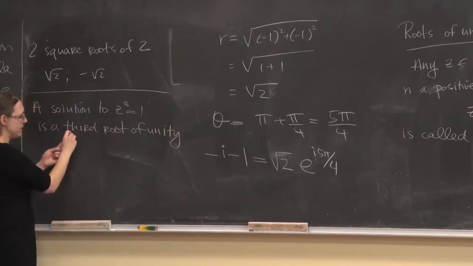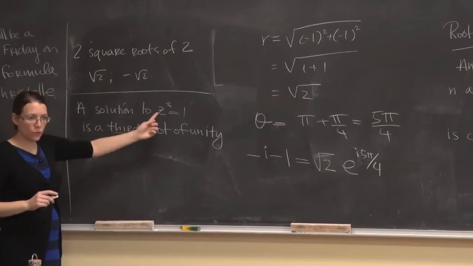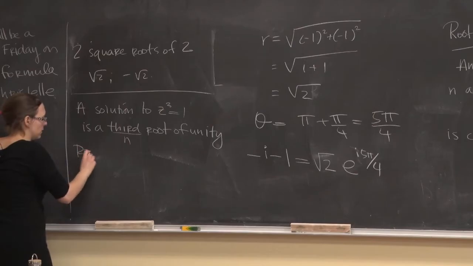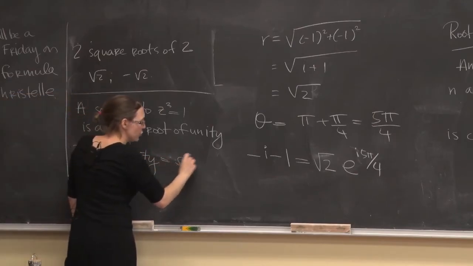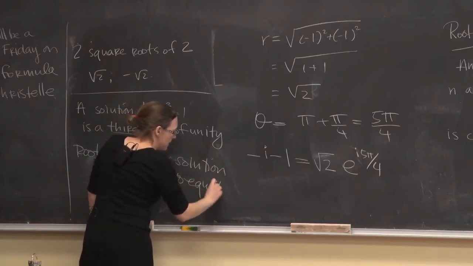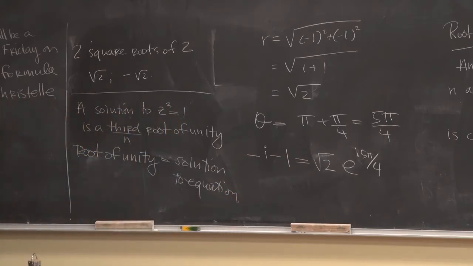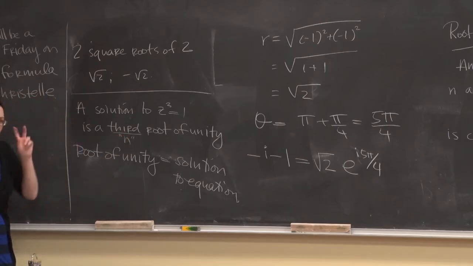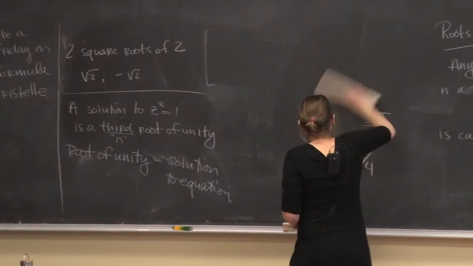So the n here is what equation you were solving, and the root of unity is the solution to the equation. Sorry, this is not third over n. This is, third is 3, which is n in this example. But that's a good question.